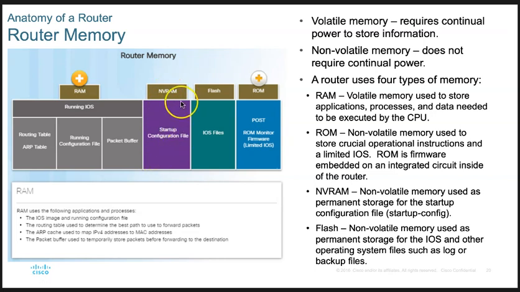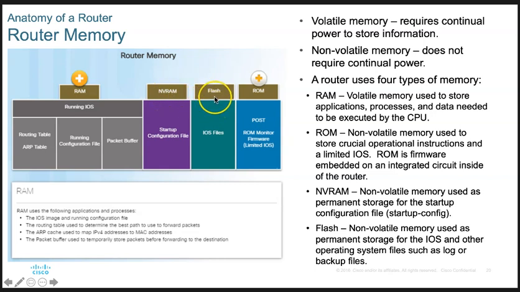One thing the router stores in NVRAM is the startup configuration. If you save the configuration and turn off the router, you lose whatever is in RAM, but you do not lose what is in NVRAM. Next type of memory routers have, you can think of it for a computer as a BIOS if you want.